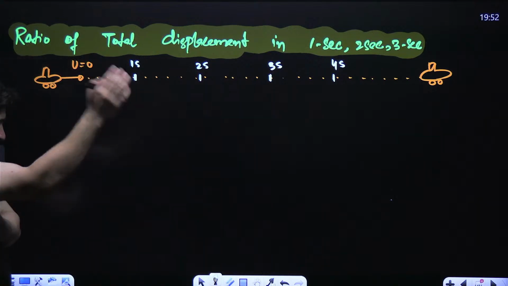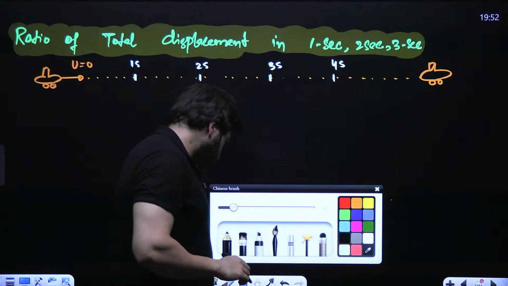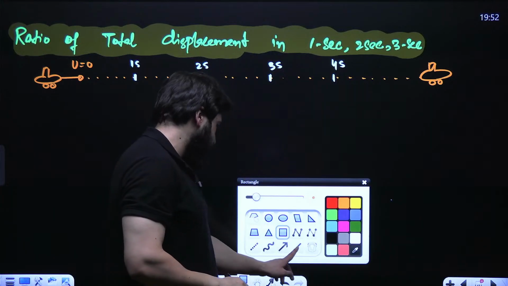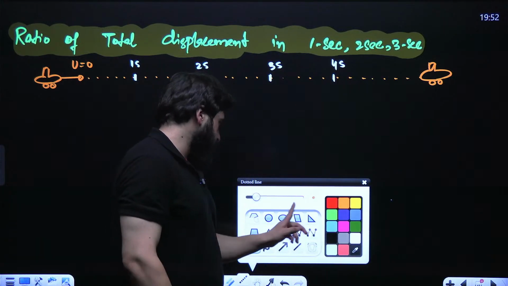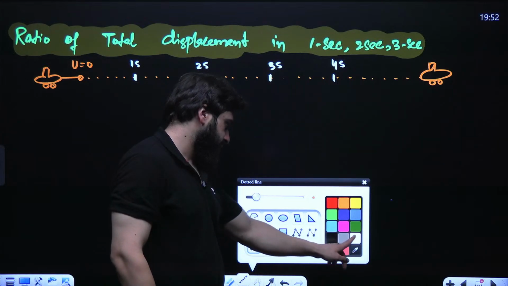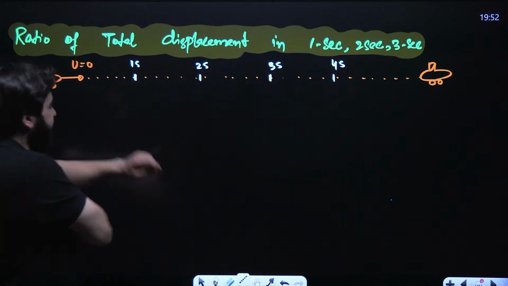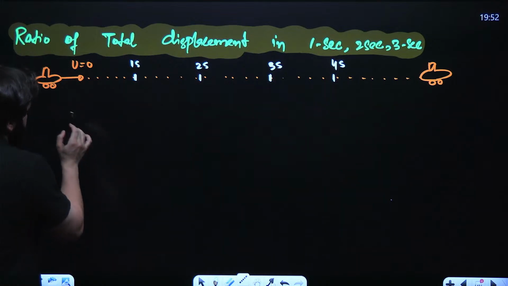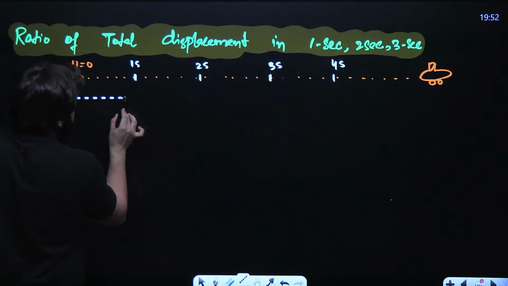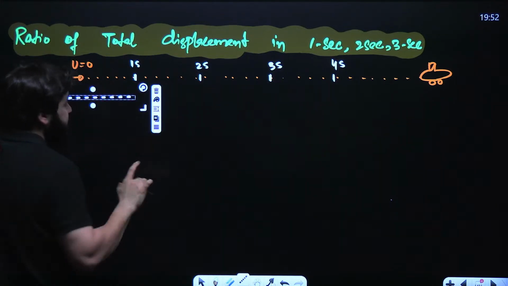Now guys, tell me one thing. I would want you to give me a clear answer. Can I say this is the displacement traveled by the car in 1 second? Yes.